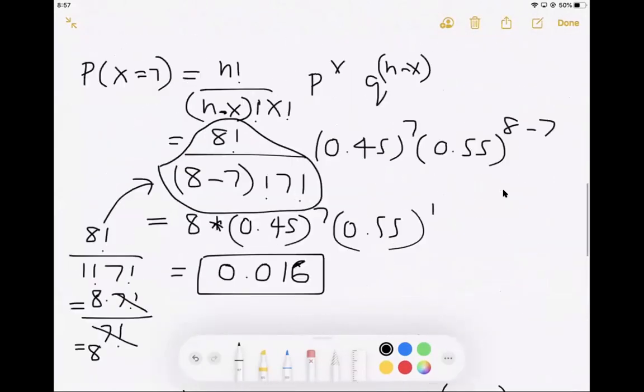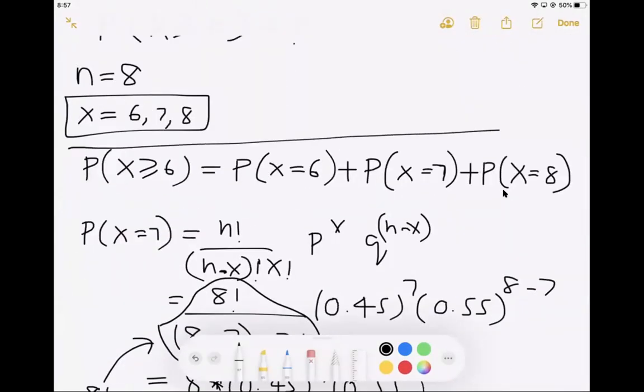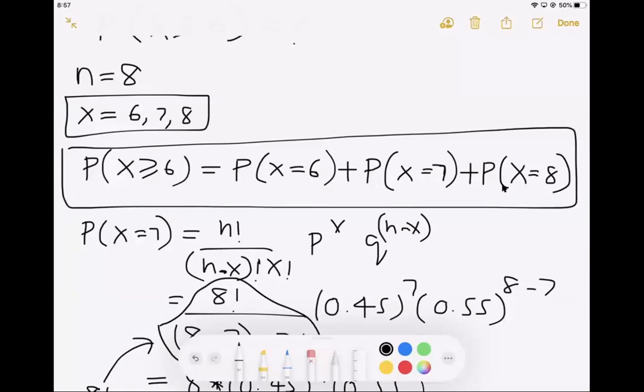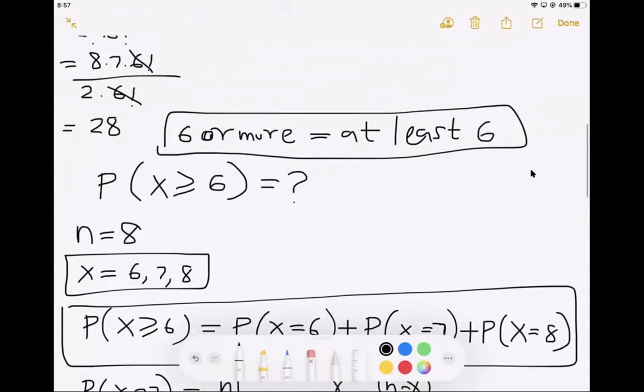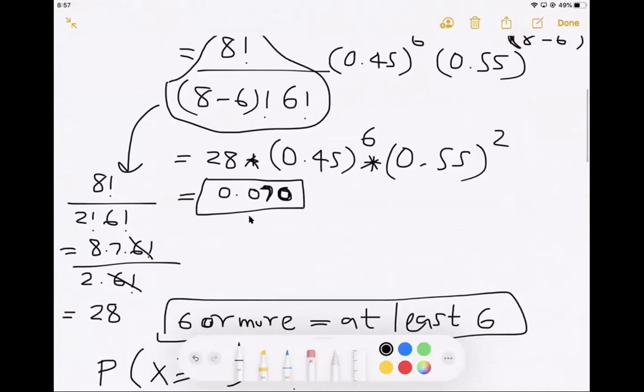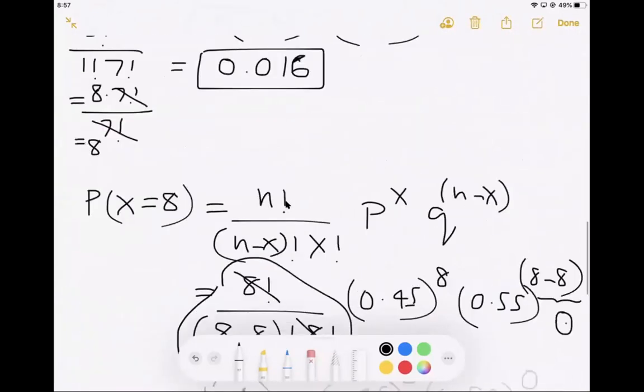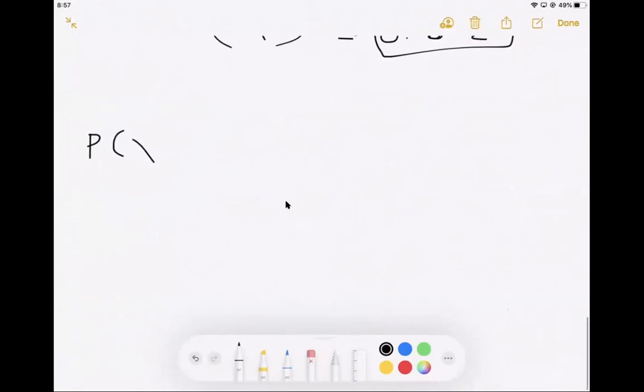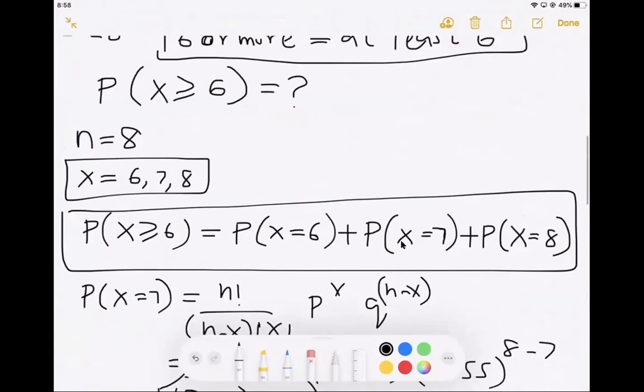Now we have all three values. Here we want to find this value. For that we need this probability, this probability, and this. The first probability is 0.070. I will write it here. What is the next one? Probability of x equal to 7.